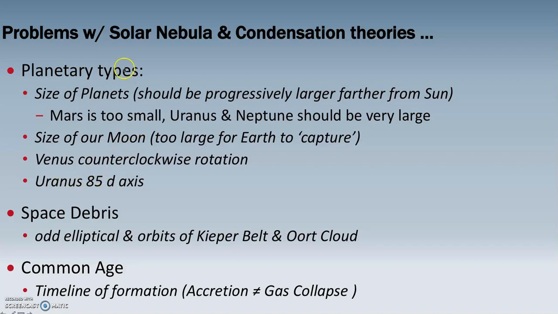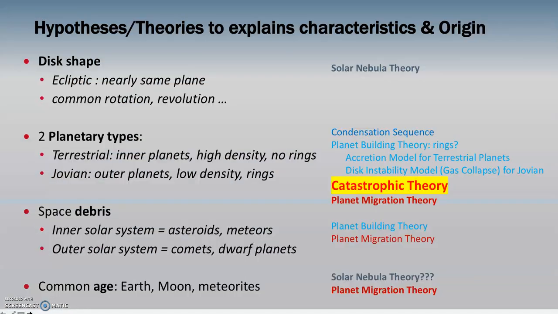We have to think about some of these oddities here, along with the very strange and elliptical orbits in the Kuiper belt and in the Oort cloud, and this timeline problem, which I told you was going to become a problem. The accretion is very slow. The gas collapse is very fast. They don't go together for a common age.